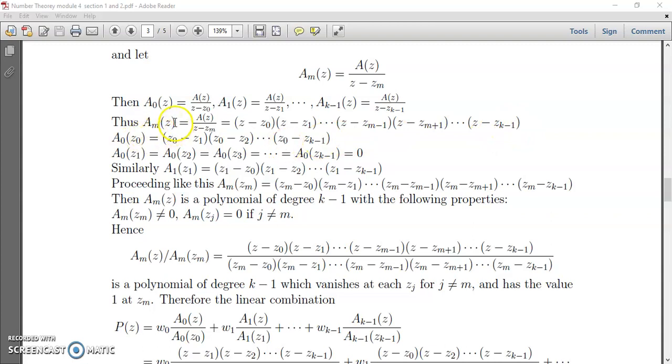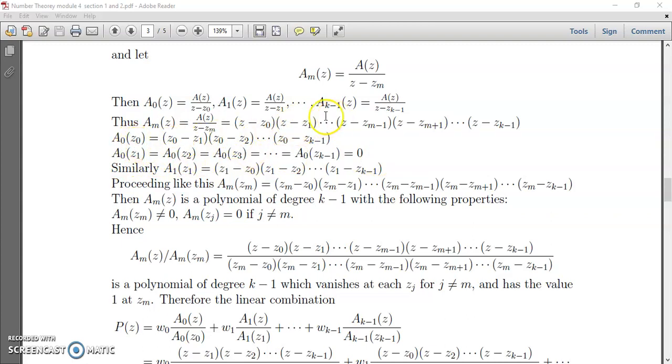Now if, instead of z, we substitute z0, a0 of z0, we can see that this is z0 minus z1, z0 minus z2, etc., z0 minus zk minus 1, because z0 minus z0 won't be there because of the construction. So this term will be not equal to 0, and all the other terms, a0 of z1, will be 0 because of this z1.